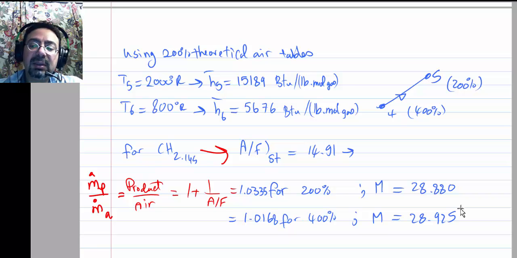Why do we need that? I'll show you in a minute. So we said we have two problems in the H's that we are calculating in this example. One problem is it's per unit mass of gas, and that's why we wanted to know the conversion between the mass of the product and the mass of the air. Second problem is it's per pound mole.